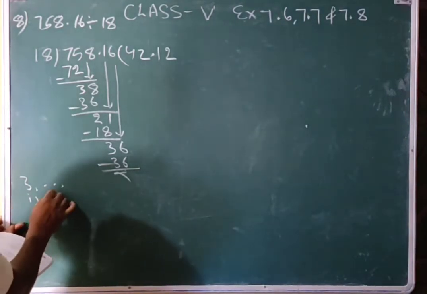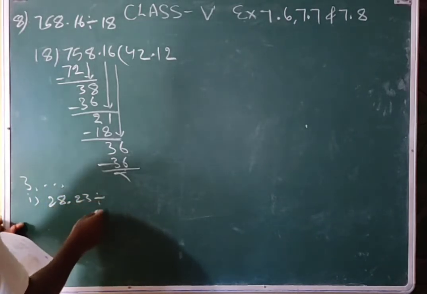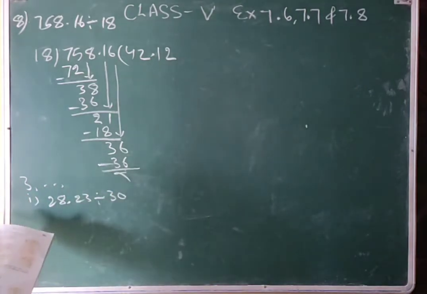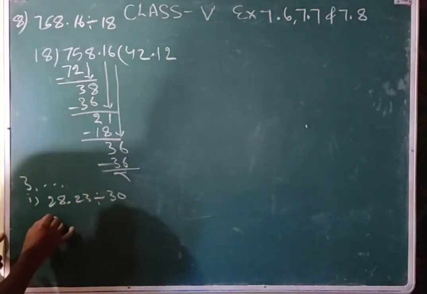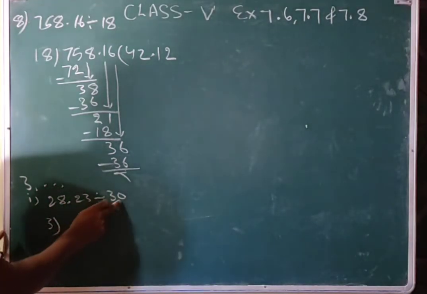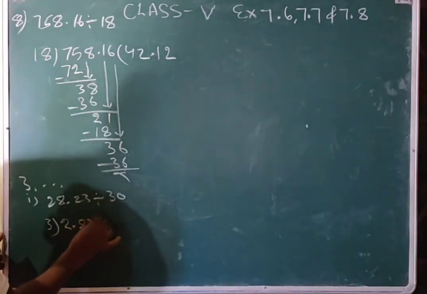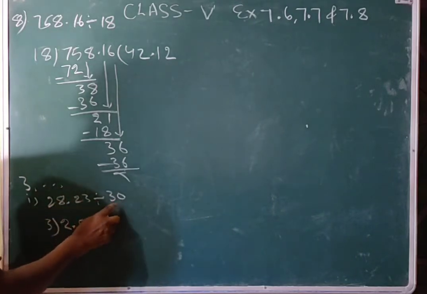First part is 28.23 divided by 30. So how will we do that one? We will write only that 3. We will not write this 0, and then 2.823, and this decimal will be placed here because we have left the 0.